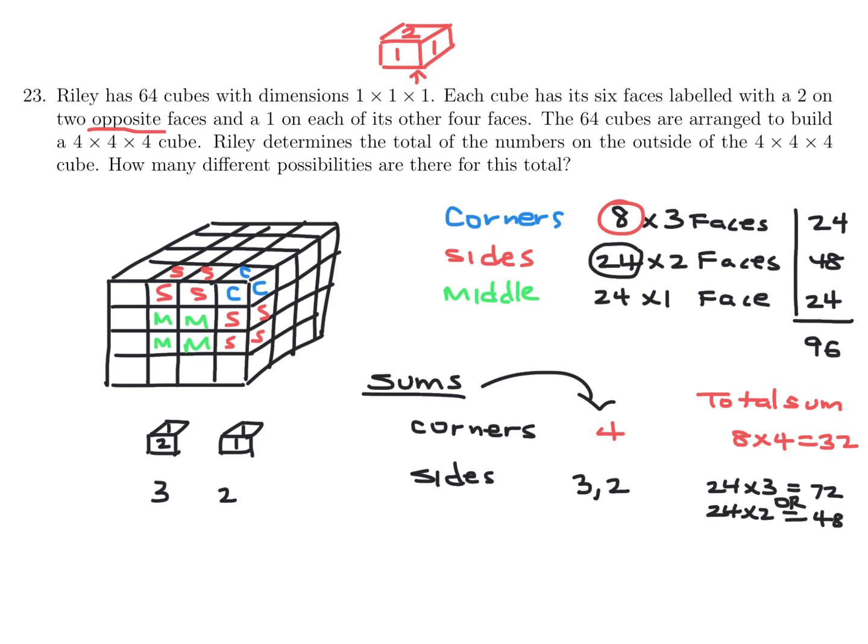And then finally the middle guys, well, that could have either a 1 or a 2 on it. How many others? 24, right? So we have 24 times 1, which is 24, or 24 times 2, which is 48.